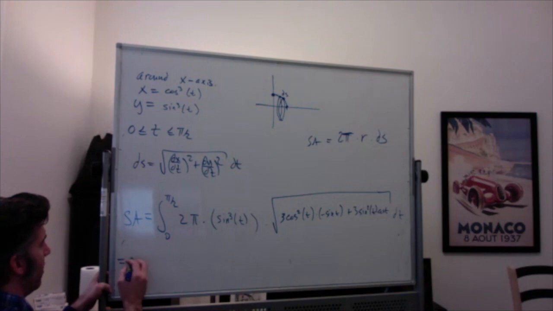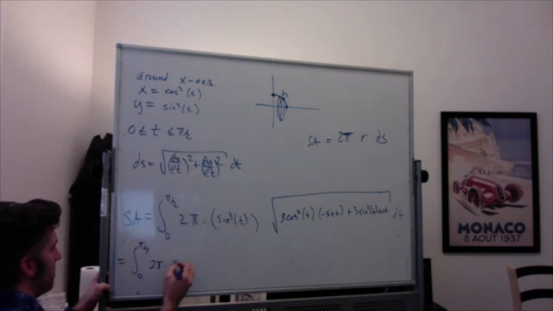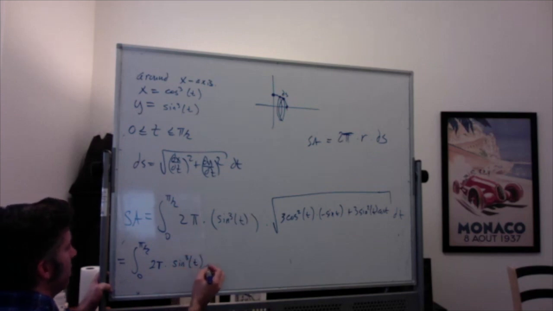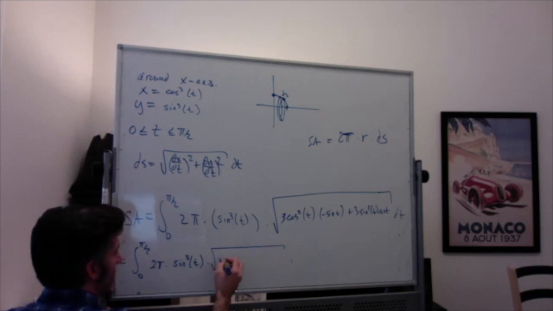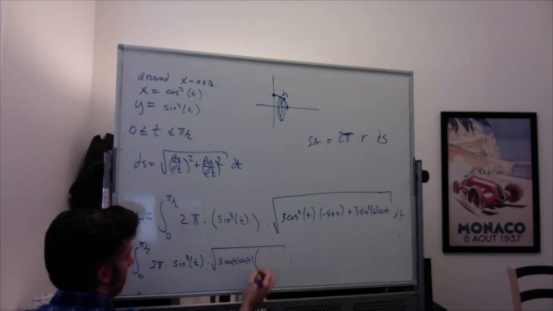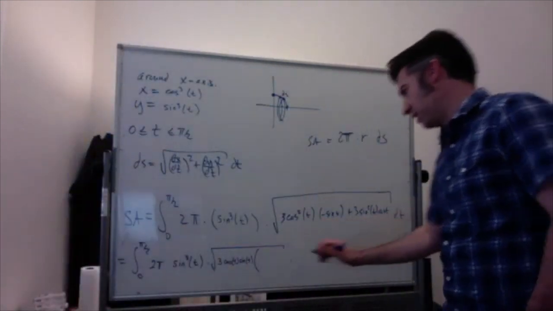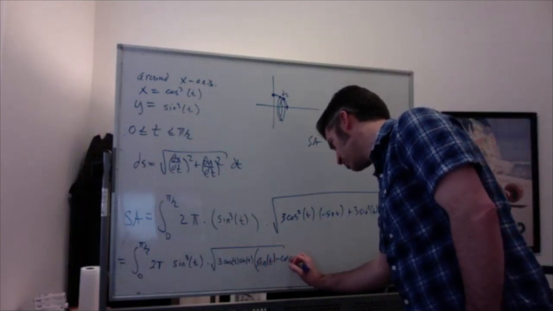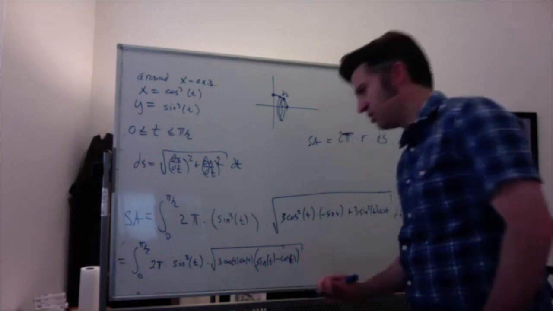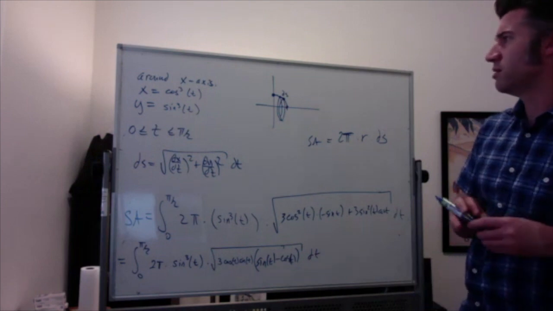So I'm left with the integral from 0 to pi over 2 of 2 pi times sine cubed of t times the square root of 3 times cosine of t times sine of t times, I'm left with a negative cosine and a positive sine. Seems very bad. What am I missing here? I don't know.